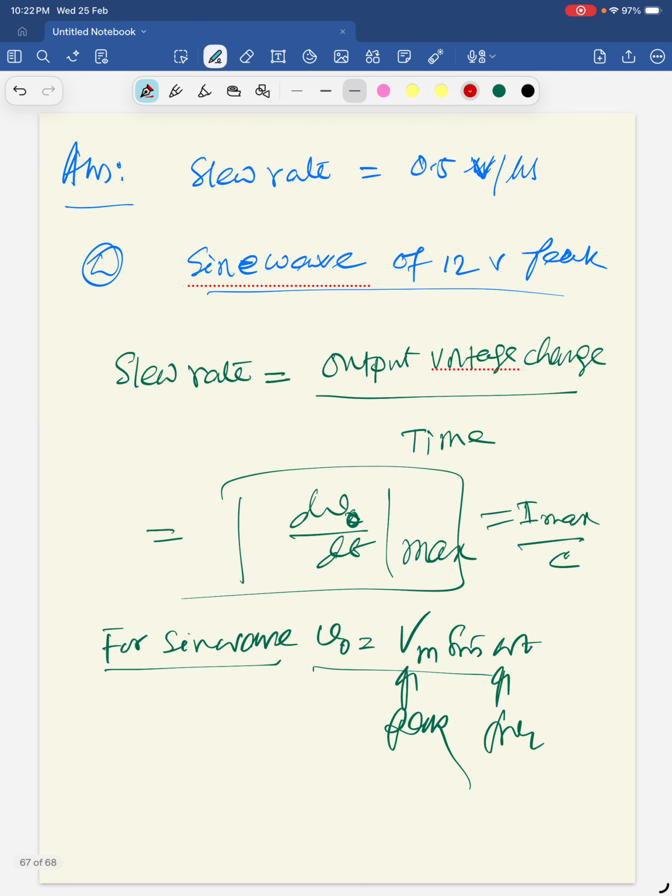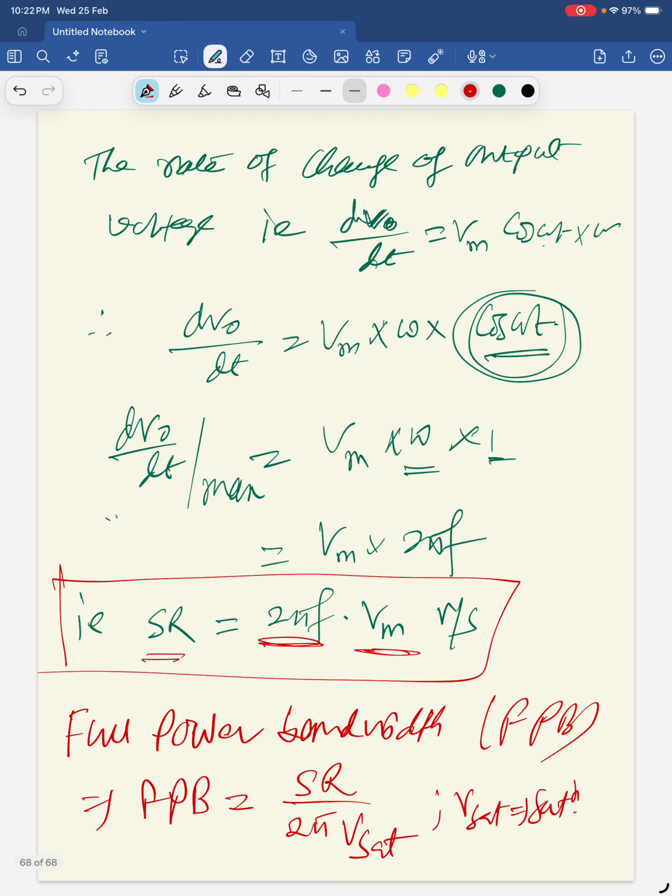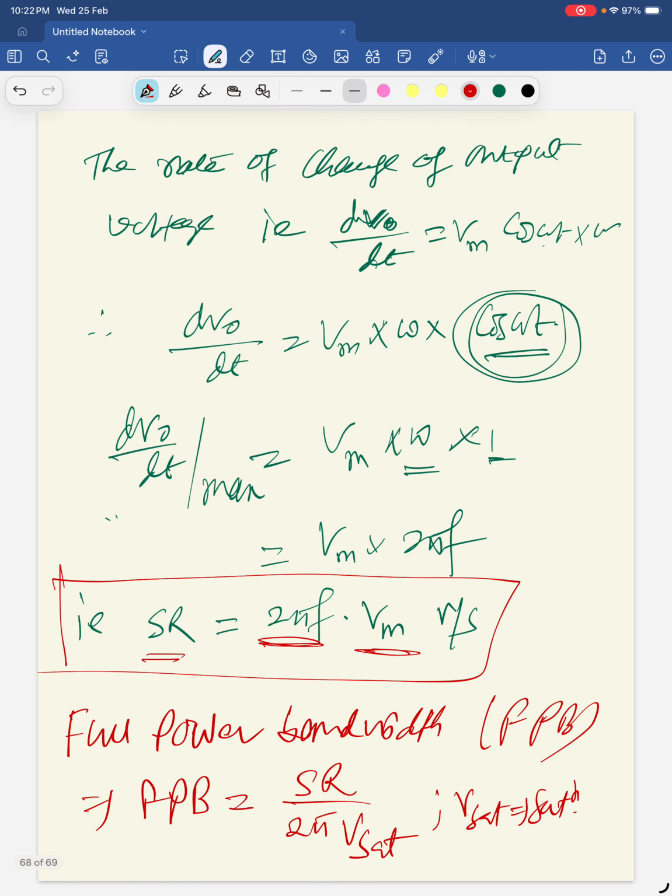What is given? Slew rate is given, sine wave peak voltage is given. So SR is given and peak voltage Vm is given here. So what is the formula? SR is equal to twice pi f into Vm, volt per second.